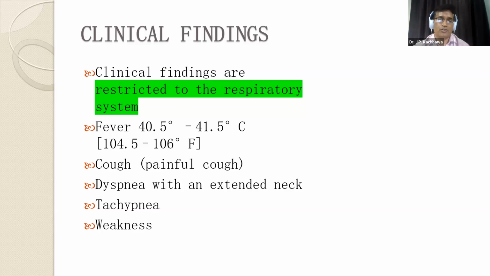The animal usually coughs, and if the disease progresses, the coughing also becomes painful. There will be dyspnea, and if the severity is higher, the animal extends its neck. Breathing is rapid and shallow, and there will be generalized weakness in the affected animal.